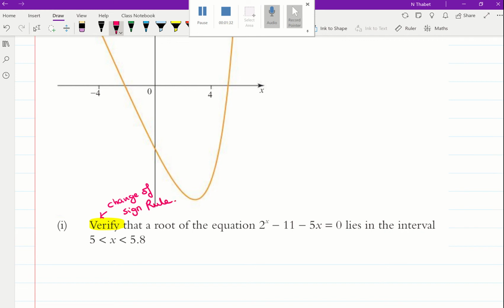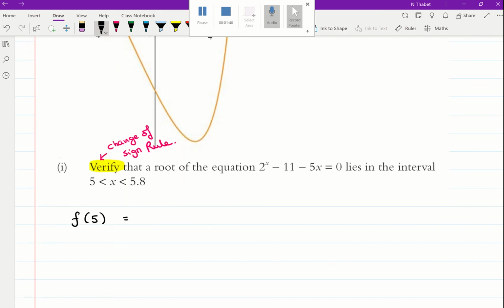The equation already equals 0. All we have to do is substitute the x values of the interval, so x is 5 and x is 5.8. For the first part, I'm going to say 2 to the power of 5 minus 11 minus 5 times 5.